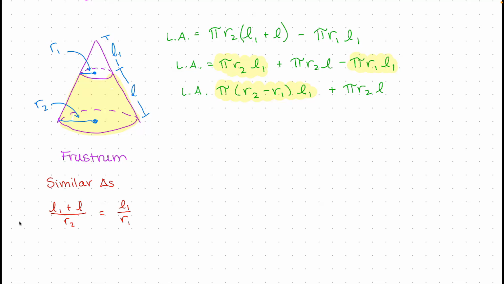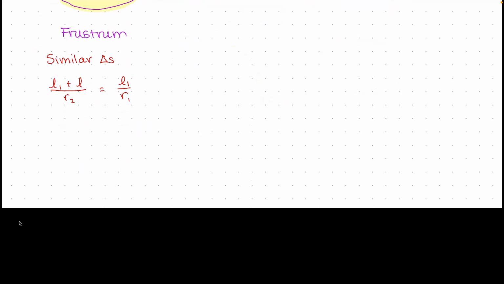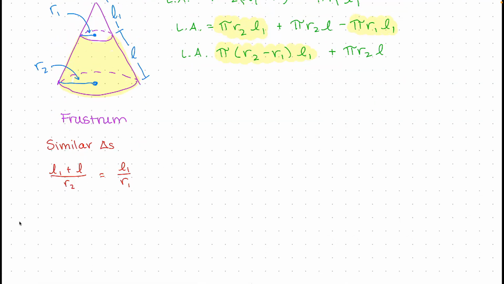And then I can cross multiply. So we have R1 times L1 plus L equals R2 L1.